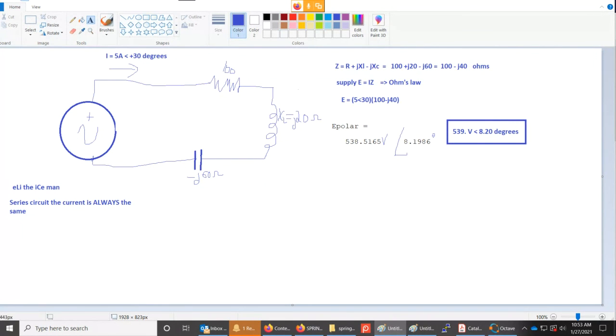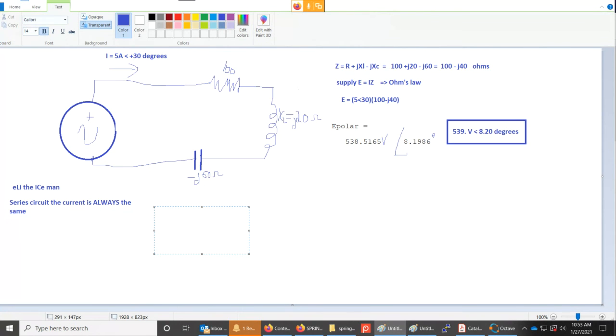But when we calculate the voltage, if we want to calculate the voltage VR, VR is equal to I, the current, times the resistance. VL is equal to the current times jXL.